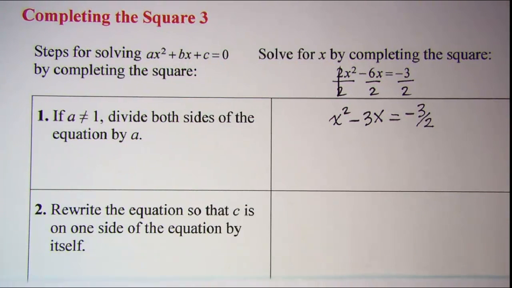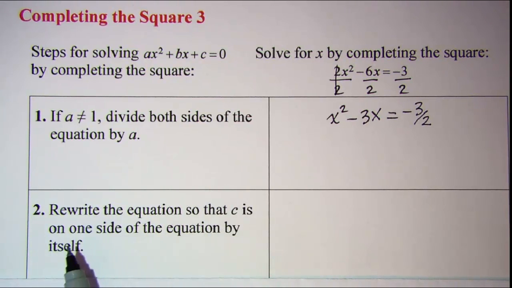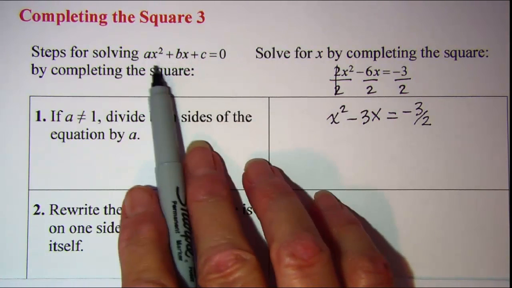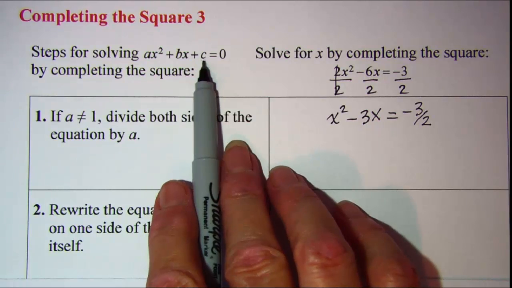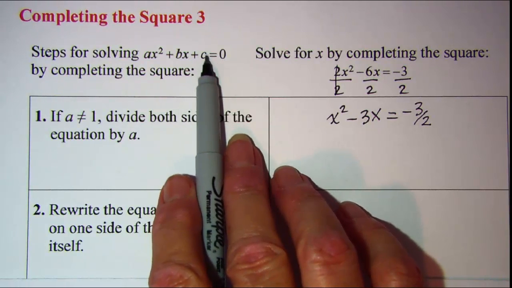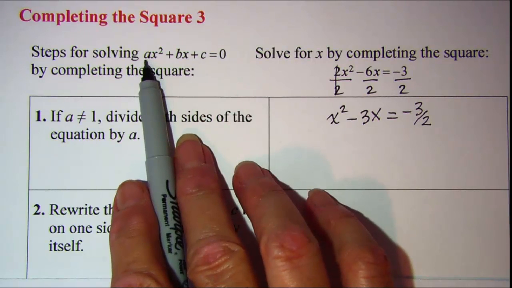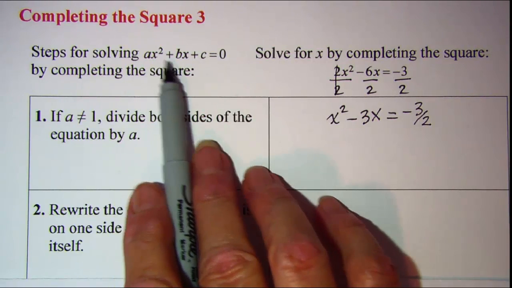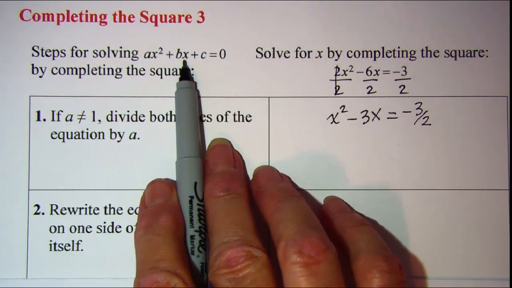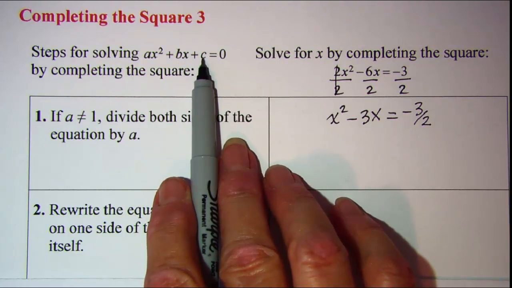My next step is to rewrite the equation so that c is on one side of the equation by itself. Now if you look up here at ax squared plus bx plus c equals 0, you'll notice that c is the constant term. A is the coefficient of x squared, b is the coefficient of x, and c is the constant.